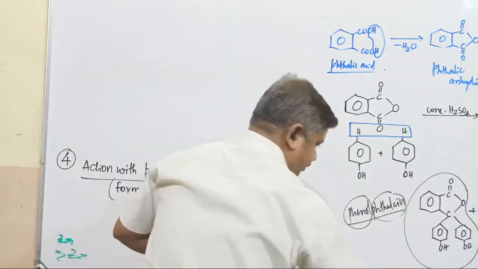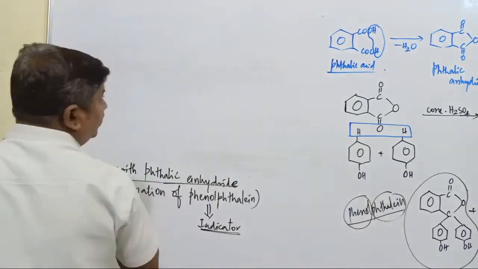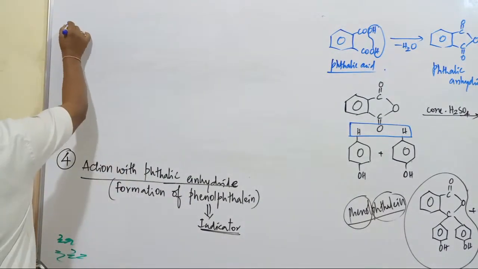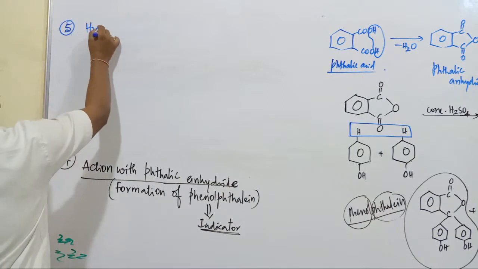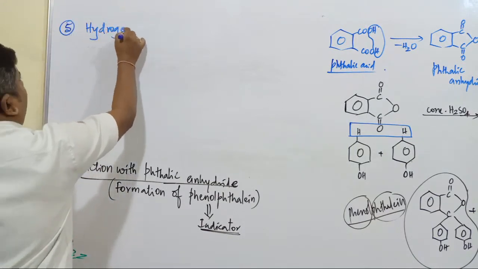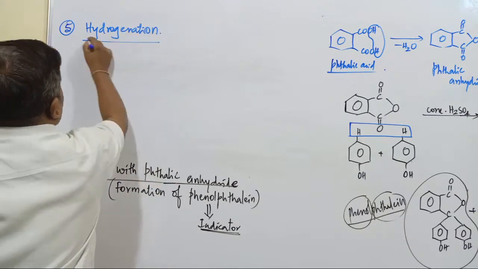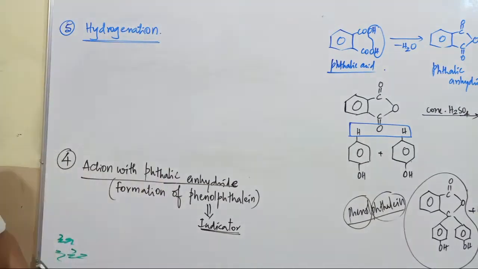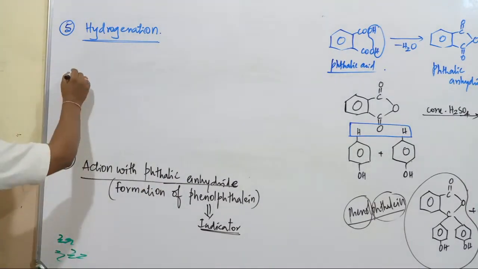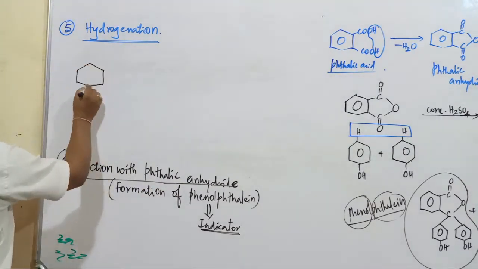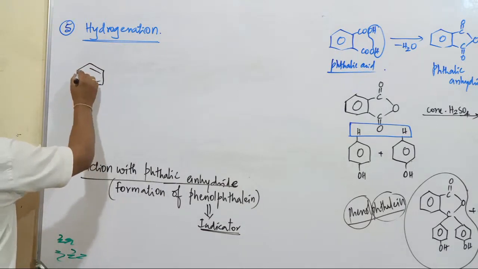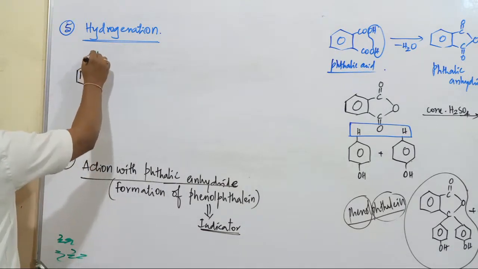Okay, next. After this, reaction number 5 is hydrogenation. What is hydrogenation? Addition of hydrogen. Addition of hydrogen is commonly known as hydrogenation. So when phenol, this is OH, right?